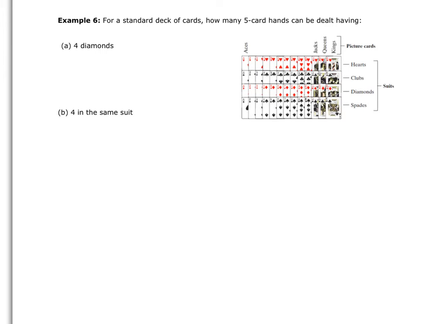Example 6. For a standard deck of cards, how many 5-card hands can be dealt having 4 diamonds? Okay, so let's think about that. We got 5 cards in our hand, so 4 of them are diamonds. So what that also implies is that we have 1 not diamond in our hand. So let's do the 4 diamond part first.